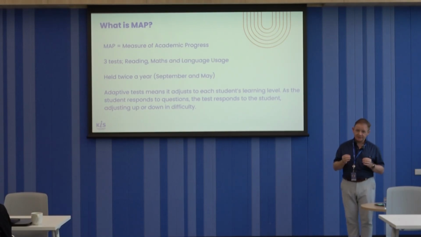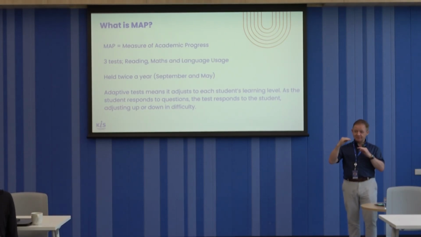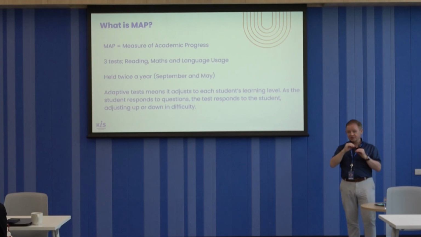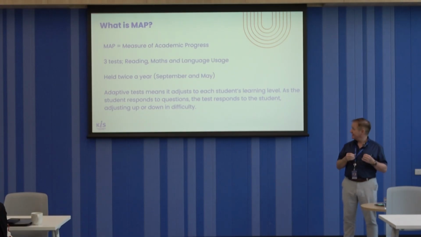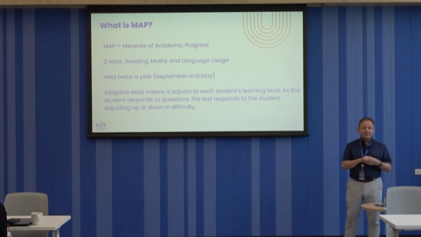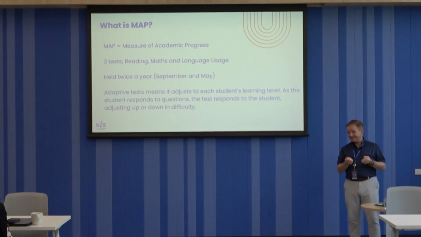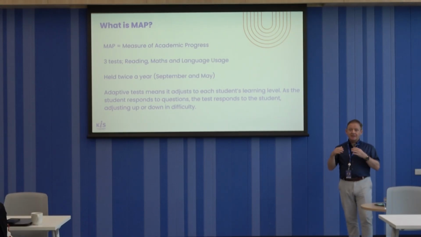And that's the really good thing about MAP: when we do a number of MAP tests with your child, we get to track the data over 2 semesters, 4 semesters, or whatever. It's an adaptive test, and that means that it adjusts to each student's learning level. So if your child is doing the mathematics test and they're finding it quite easy, the MAP program will make the questions harder and more challenging for them.